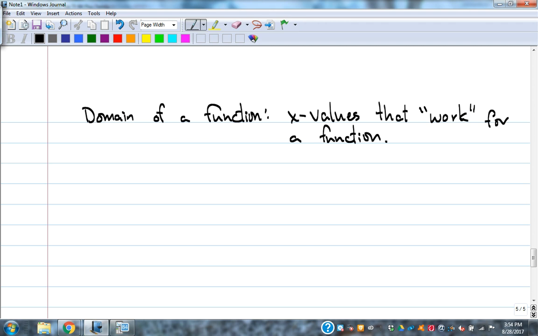And by work, I mean don't cause division by zero or some sort of weird thing to happen, like the square root of a negative. We can't have that weird stuff happening. That's what doesn't work in math. So x values that work for a problem is the domain of the function. The y values that go with that is obviously the range of that function. But domain starts with a default.